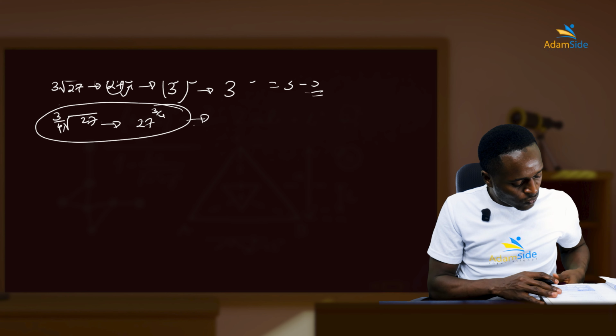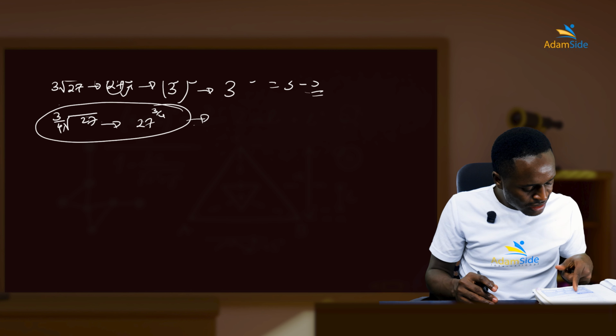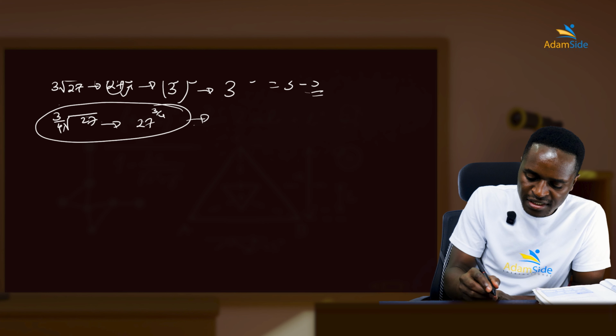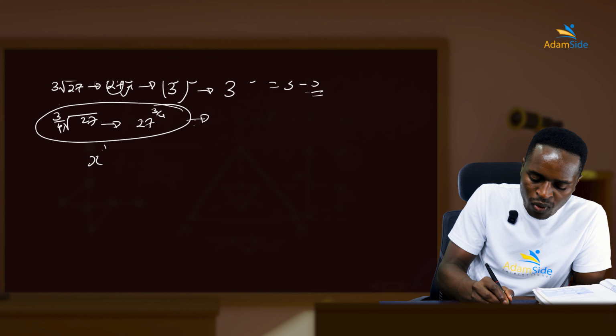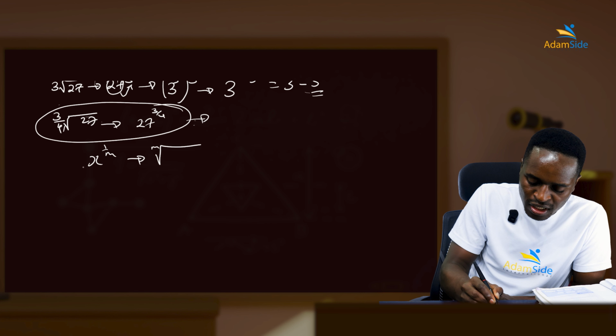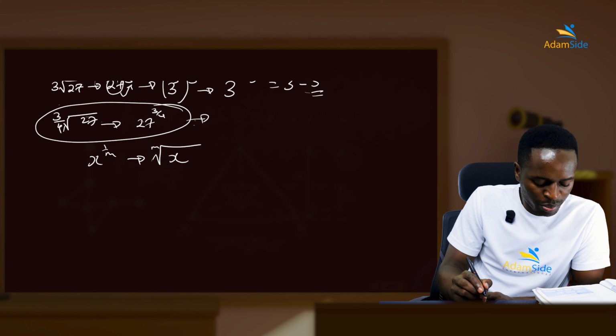Very good. Now, this shows that any root of a number can be written using fractional indices. Let's say, for example, you have x power 1 over m. This can be written as m root x. Yes, the m is on top there.